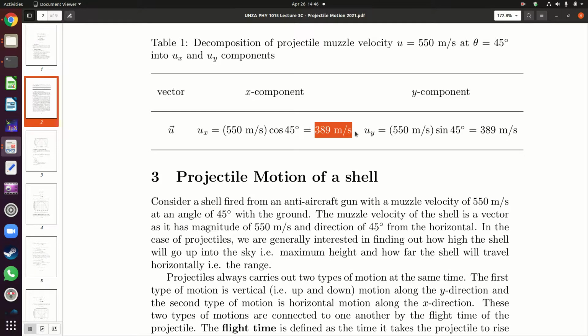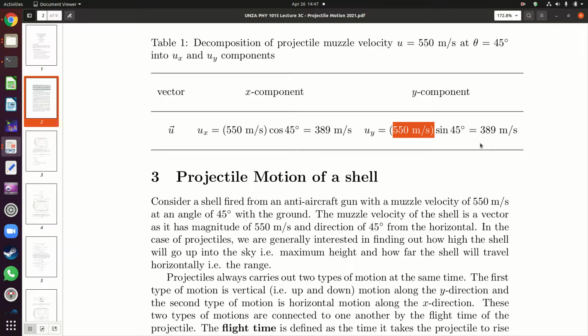Next, we want to find out how much of this launch velocity is going to be along the y-axis, or in the vertical direction. So that's going to be 550 meters per second multiplied by sine 45. So 550 multiplied by sine 45 is also going to give us 389 meters per second.